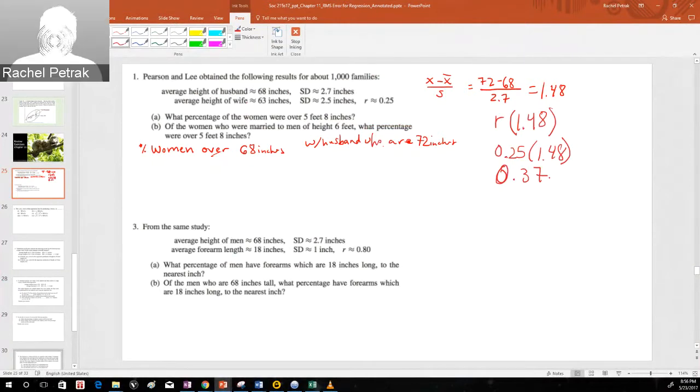And this is the new average, quote unquote, the new average for the wives once we convert this back to a raw score.